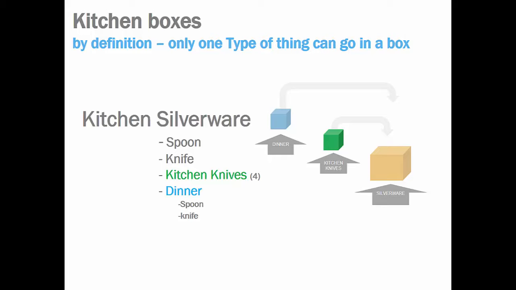And then I'm going to toss another box in there that only contains a spoon and a knife. And I'm going to bring that into one big box called silverware. Okay? I'm going to show you a little bit about this example later on, right before we do our demo, because it's really important and it's going to tie right into an object in Salesforce.